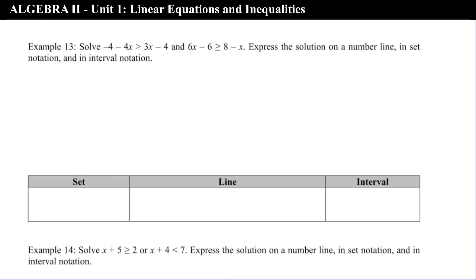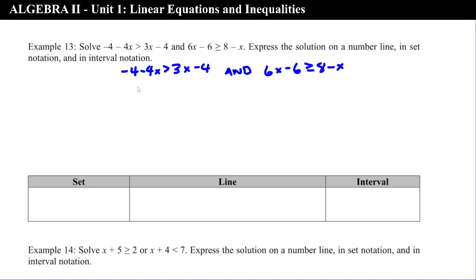Okay, let's move on to example 13. So we want to solve -4 minus 4x is greater than 3x minus 4, and 6x minus 6 is greater than or equal to 8 minus x. When we do this one, first of all, we solve them.